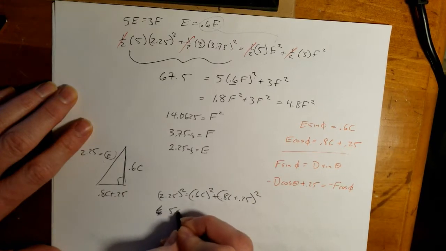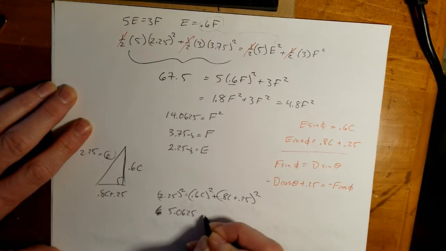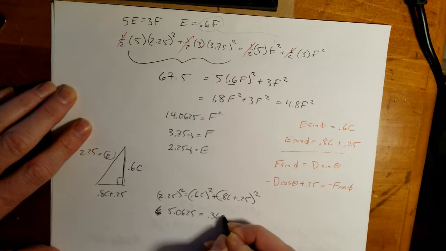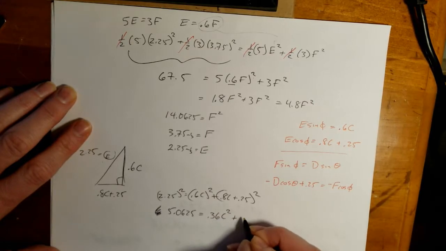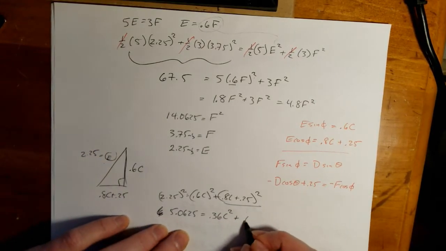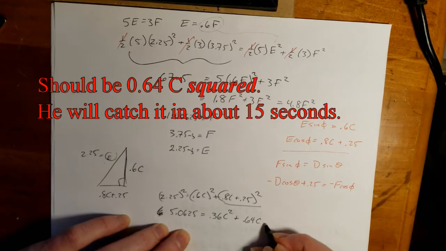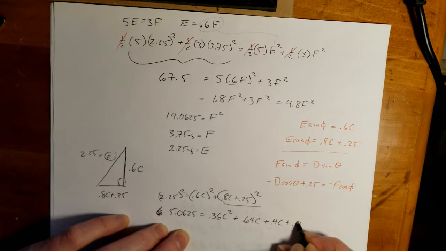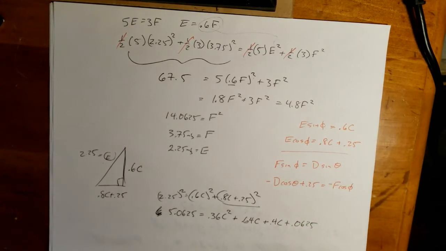So I have 5.0625 equals 0.36c squared plus, multiplying that out, 0.64c squared plus 0.4c plus 0.0625.